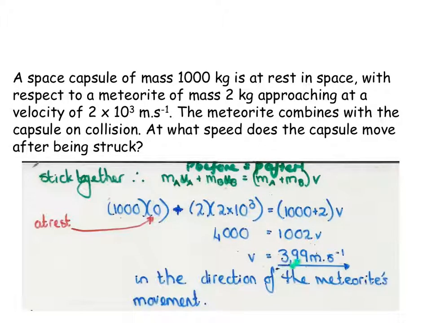Turns out it also lands up with a positive value, which means that whatever direction the first object, the meteorite, was moving in is the direction that the combined system is moving in. Notice I've said momentum before is equal to momentum after, just writing all those numbers down. And what direction is that happening? In the direction of the original meteorite's movement.